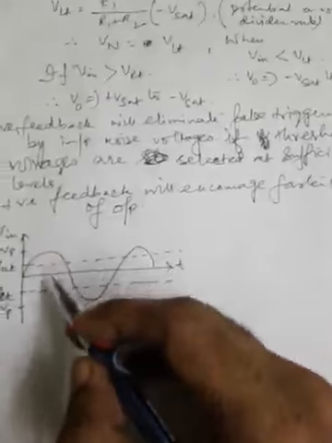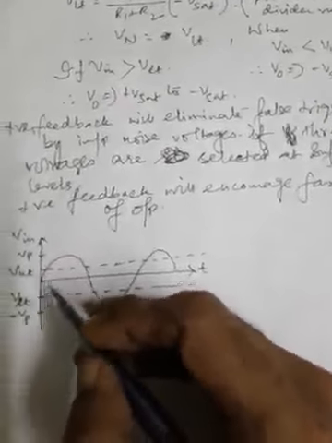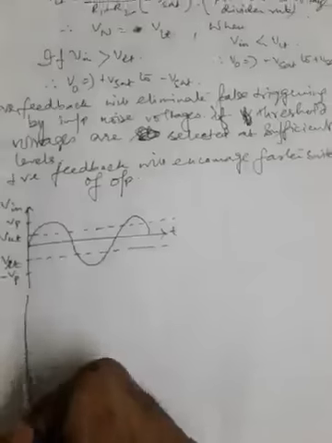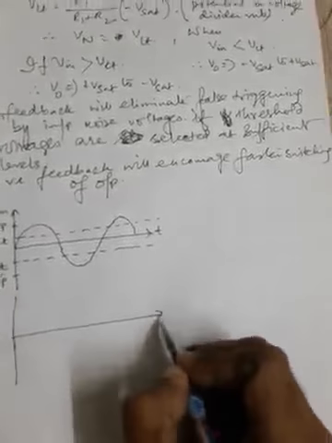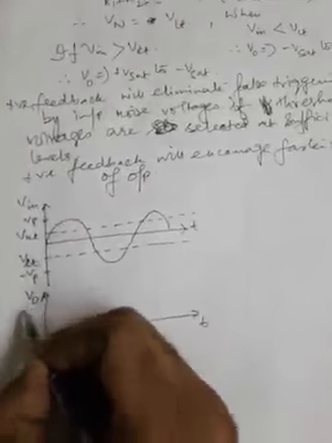VLT is set a little less, that means VLT is a negative voltage and VUT is a positive voltage. Now the corresponding output waveform will look like this. This is the output VO, output waveform.